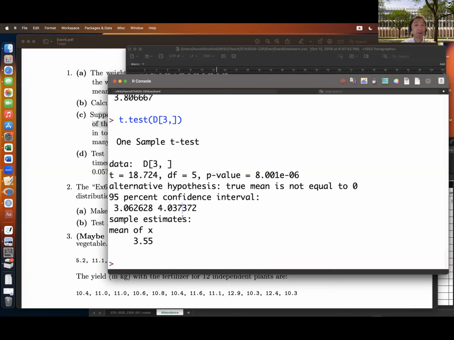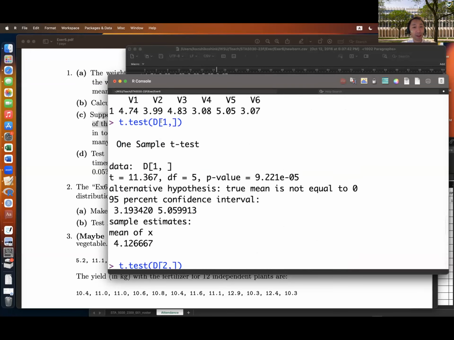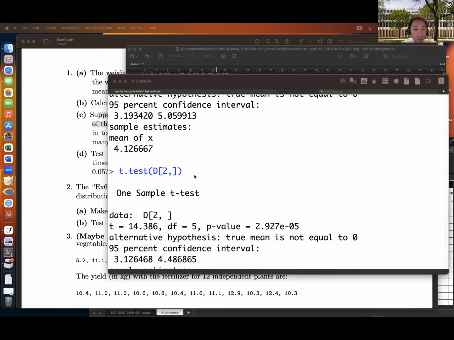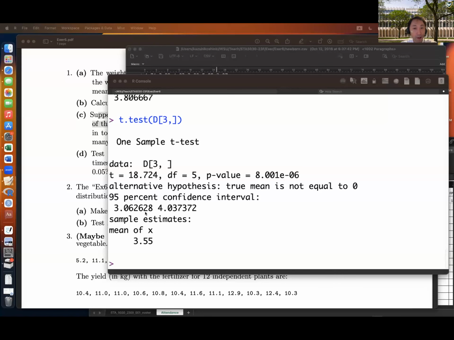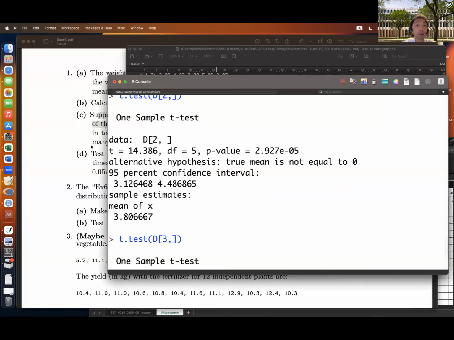But you can imagine that if we try everything from the first row to the 1,000th row, maybe some of them do not include 4.